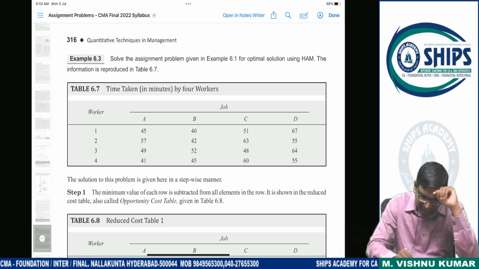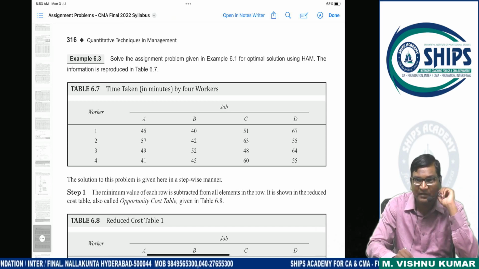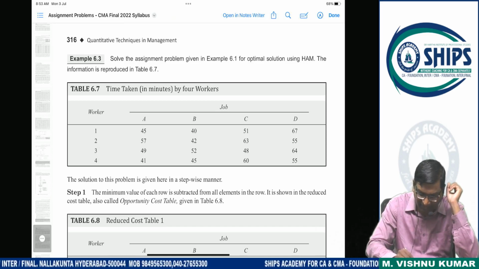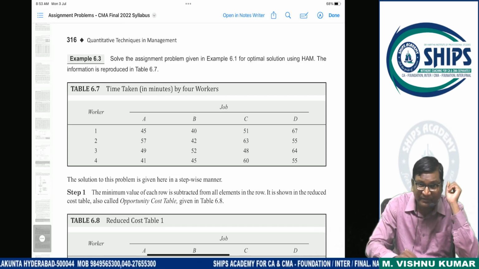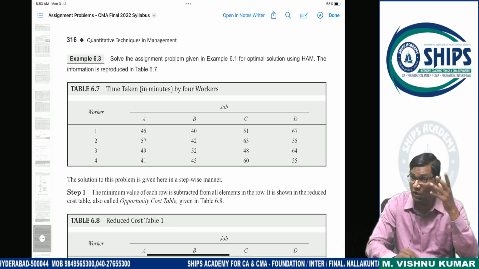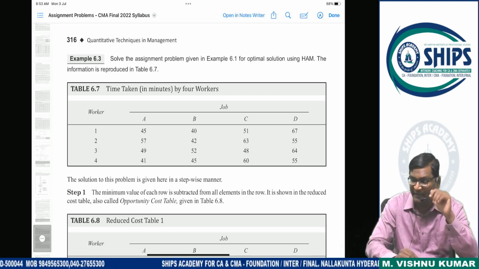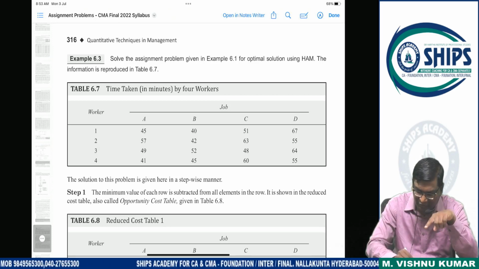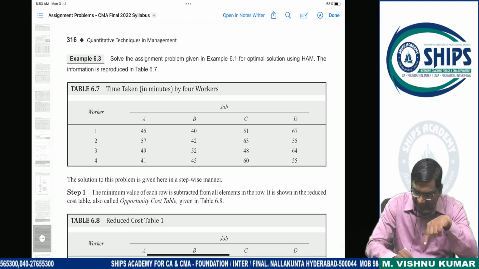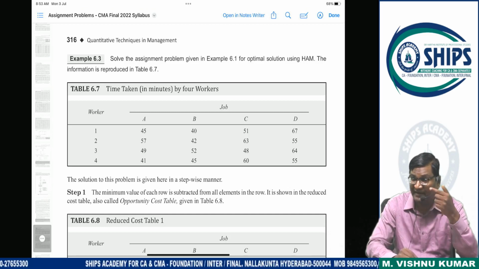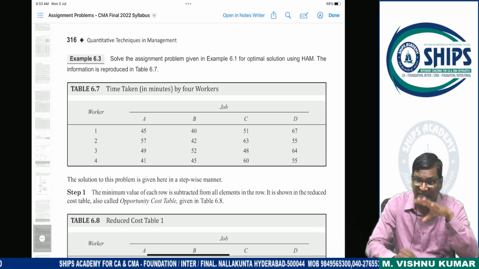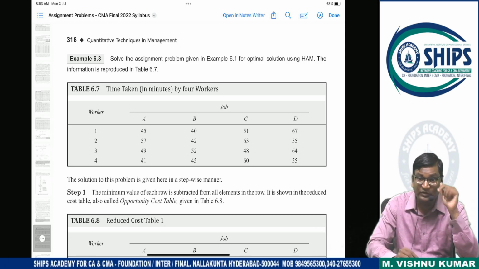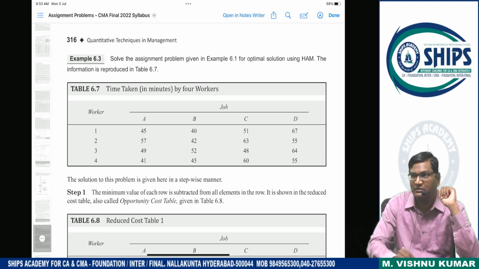If I am not giving this job to B, and I am giving it to A, how much extra time will A take? 5 minutes. That is creating cost to the company or not? So that is opportunity cost.